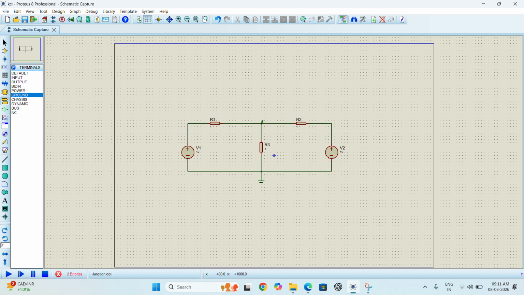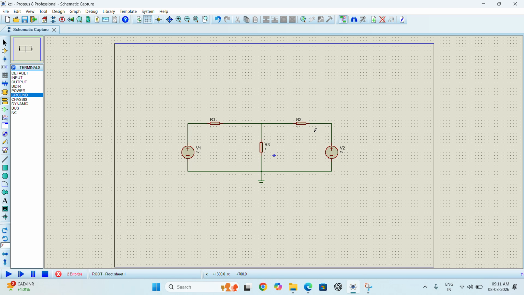Let us consider this node as X. Then we will apply the KCL to this node. Let us consider the current is incoming from, no wait, we will consider the current is outgoing from this node, this side, and also outgoing from this. We can consider whatever we want.